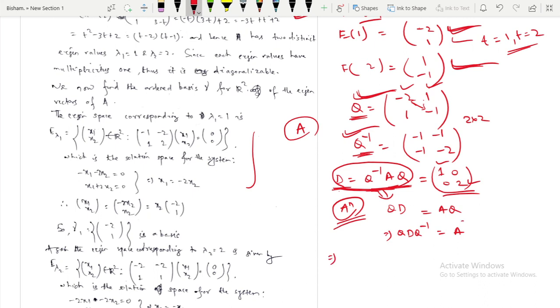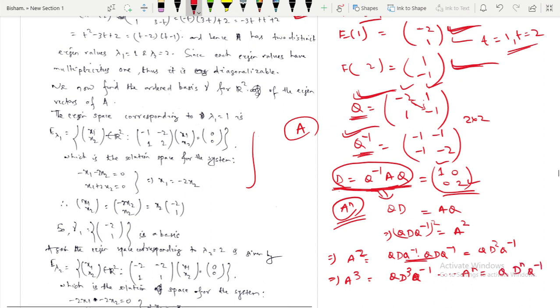I take the square of both sides, then A square will be QDQ inverse into QDQ inverse. Then Q inverse into Q gives the identity matrix. So this will be QD square Q inverse. Similarly, A to the n will be QD to the n Q inverse.